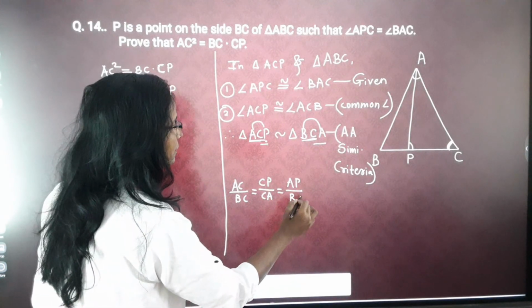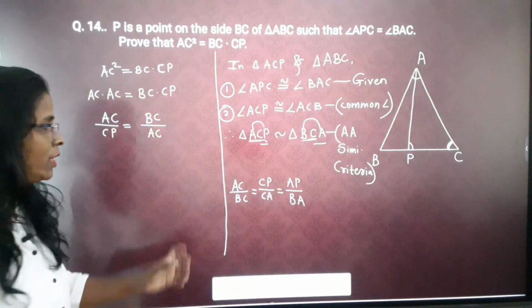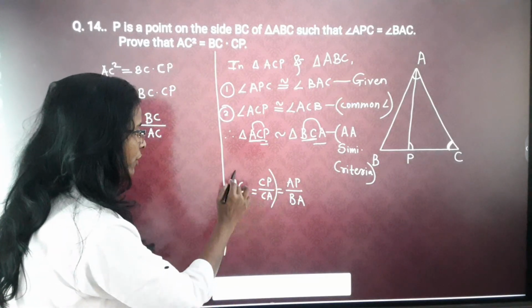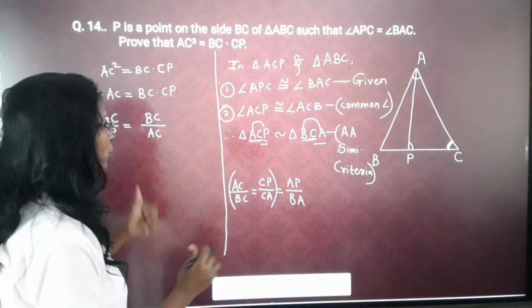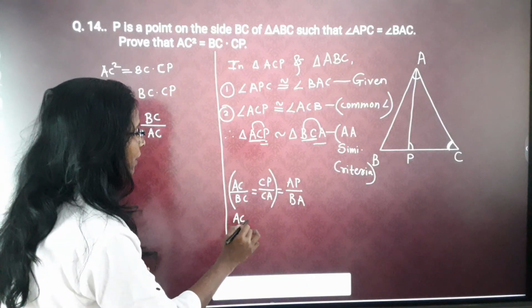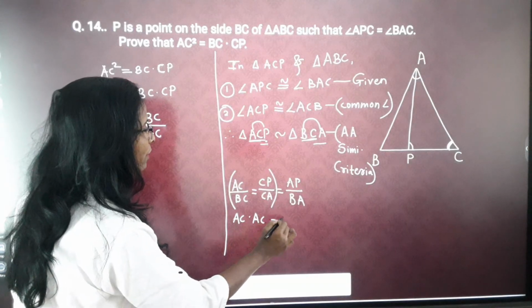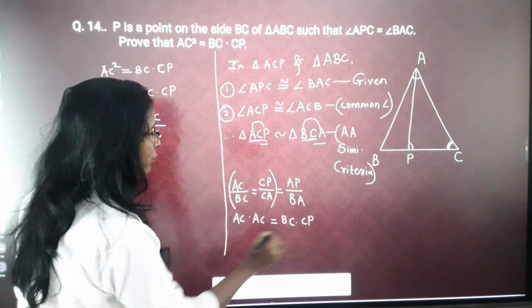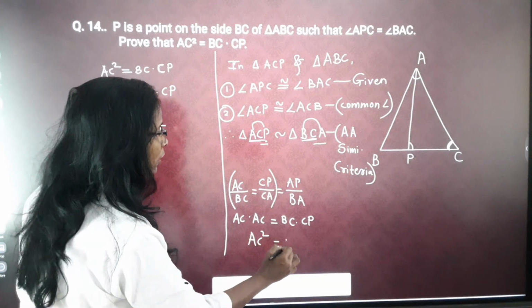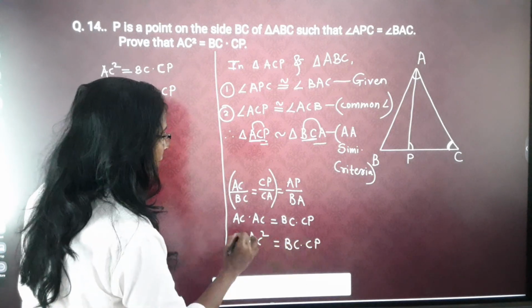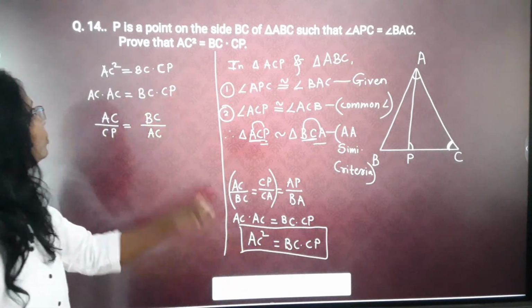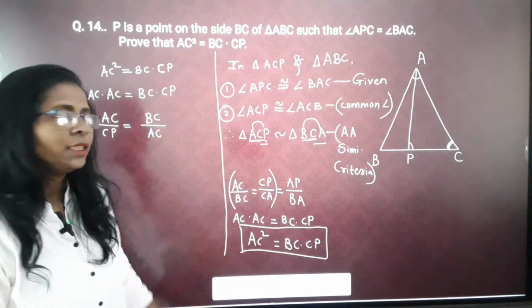Now these two ratios are useful to us to prove this. So AC multiply AC is equal to BC multiply CP. That means AC square is equal to BC multiply CP, which we had to prove. We proved this.